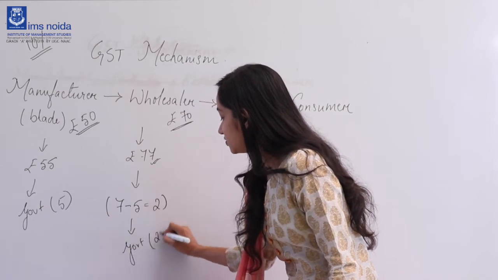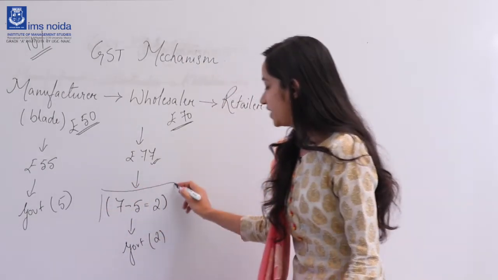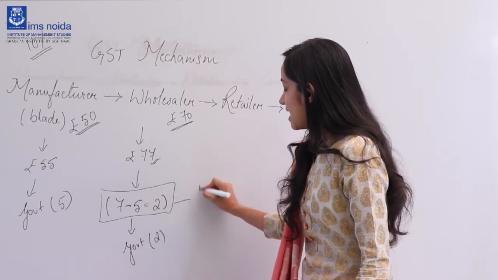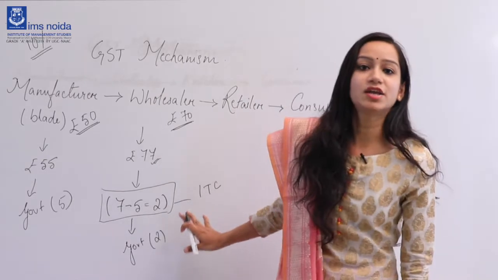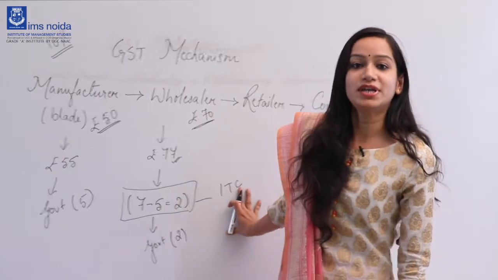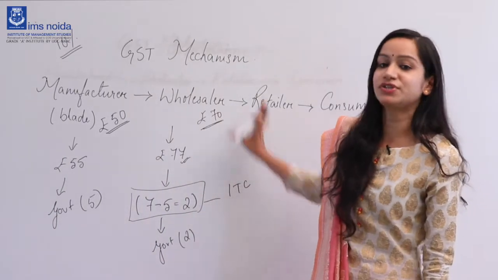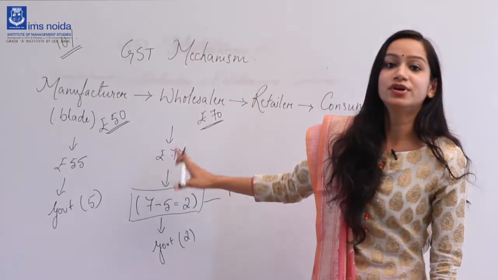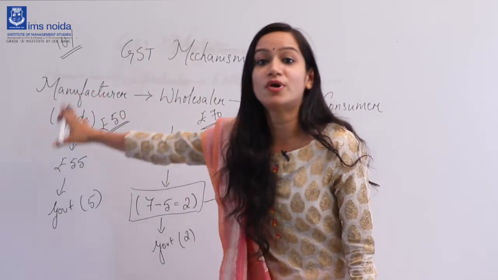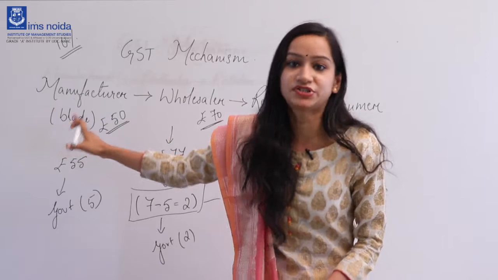Now, what is this? This process which we have done is known as ITC, that is input tax credit. Input tax credit is the opportunity given to the supplier to deduct the tax which he has already paid when he purchased the product.